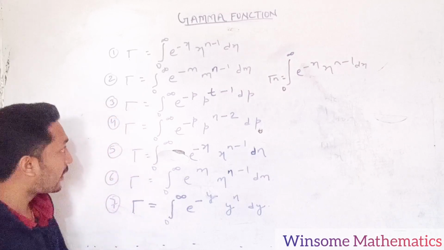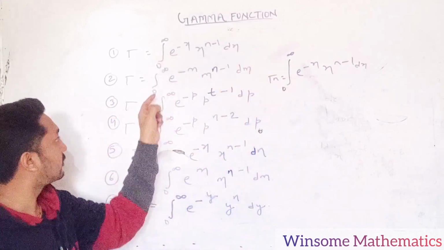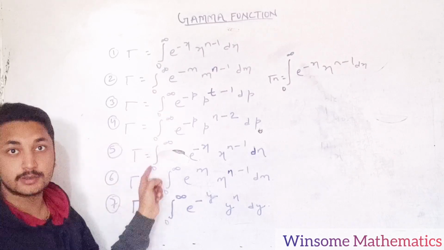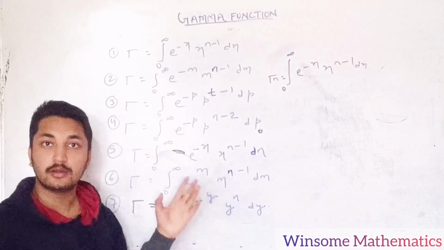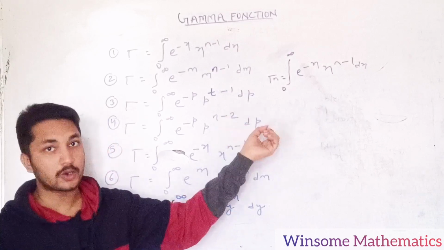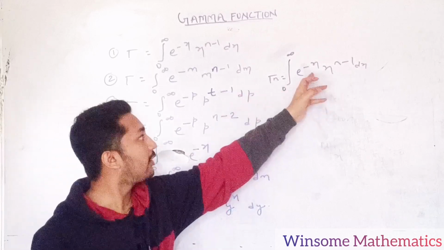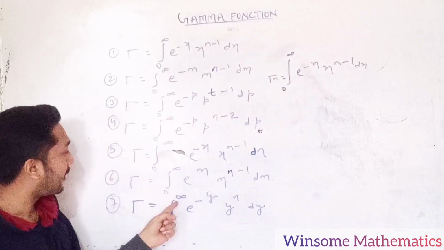Now we have to match all the examples with this definition. First of all, the limit is 0 to infinity in all of them, so all are proper and there is no confusion in the limit. Now, coming to the integrand, e appears everywhere.